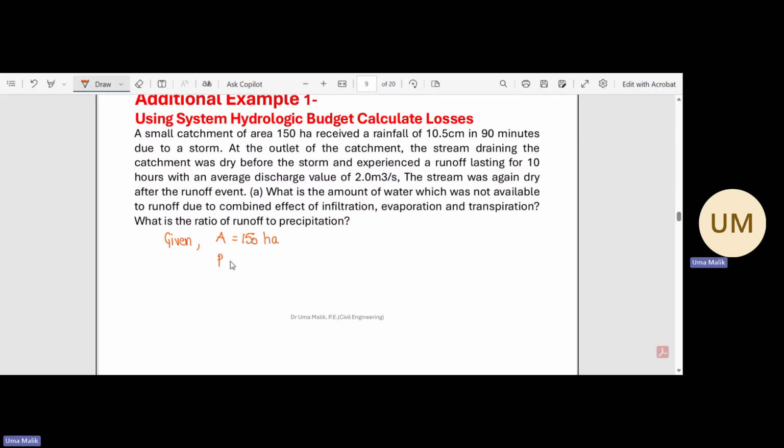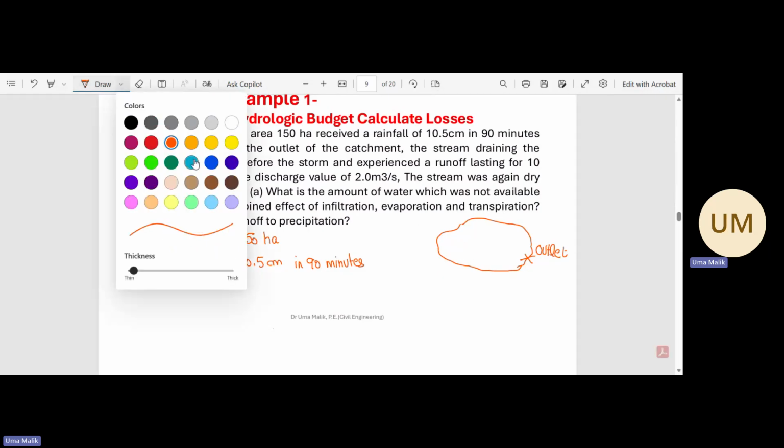And we have a rainfall of 10.5 centimeter in 90 minutes due to a storm at the outlet of the catchment. So I have my catchment, and this is my outlet of the catchment. The stream draining the catchment, so I have a stream which is draining the catchment.